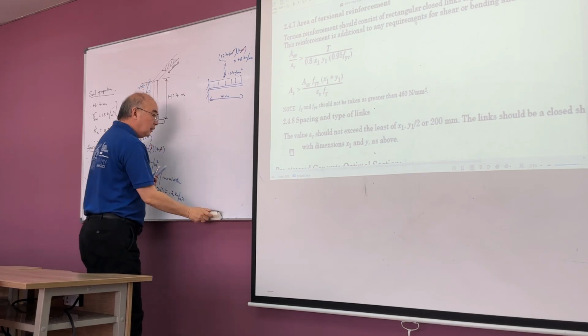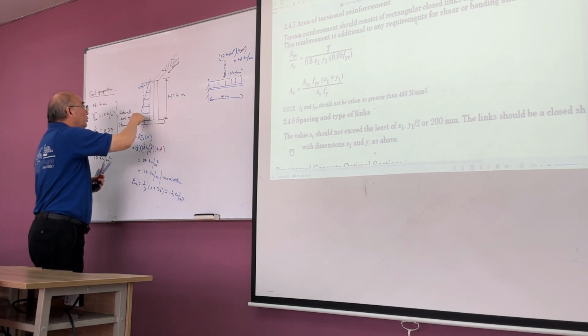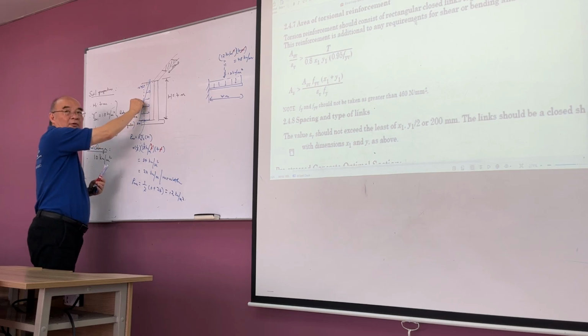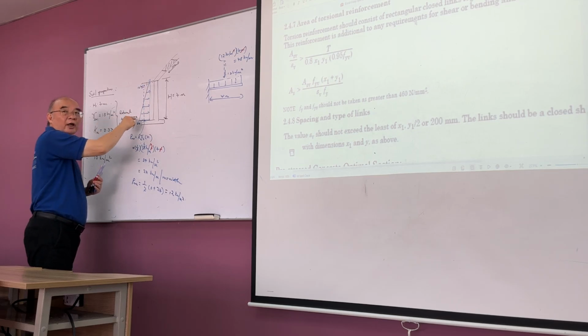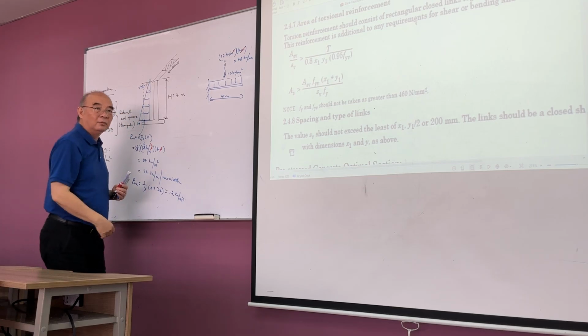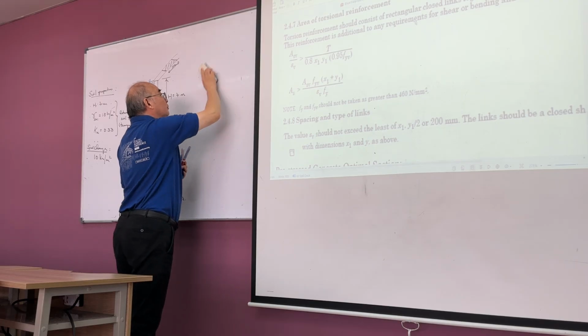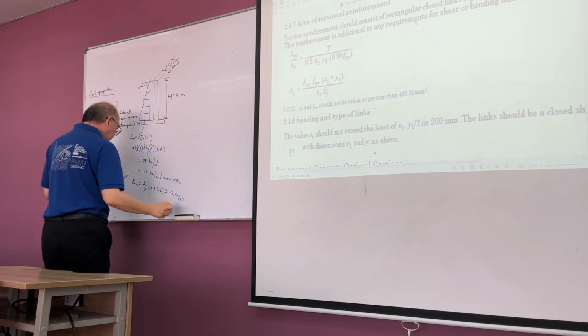Now, if this one is uniform, then the resultant load will be in the middle, right? But this is actually triangular, so the resultant load is 1/3 from the base. Understand?